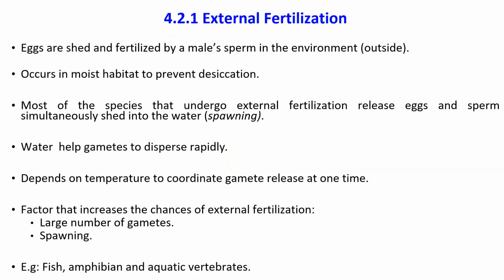Okay, we are going to look at external fertilization first. It says here, eggs are shed and fertilized by male sperm in the environment, outside of the body. Because fertilization occurs outside of the body, it must occur in an environment that is moist.